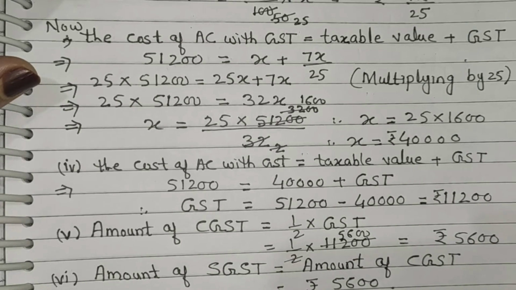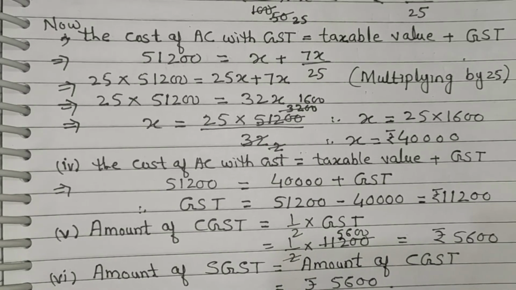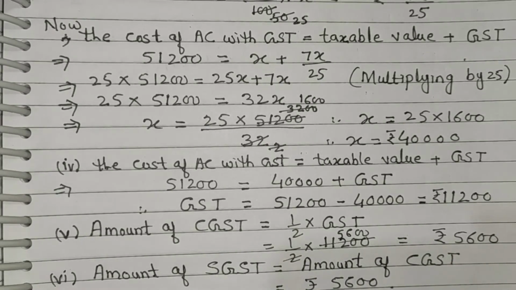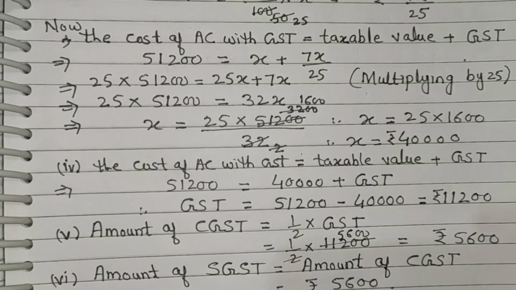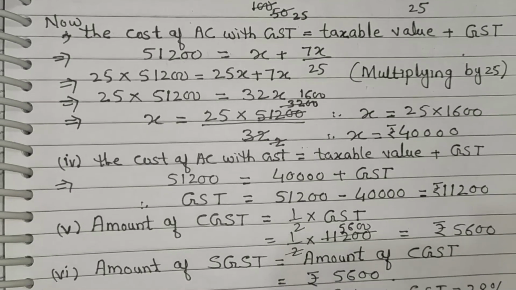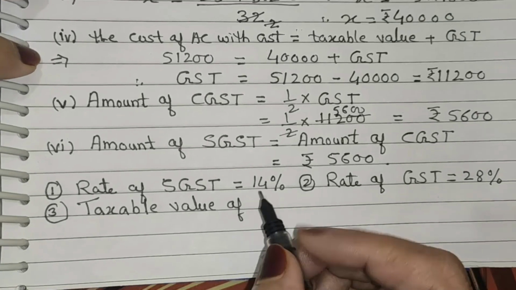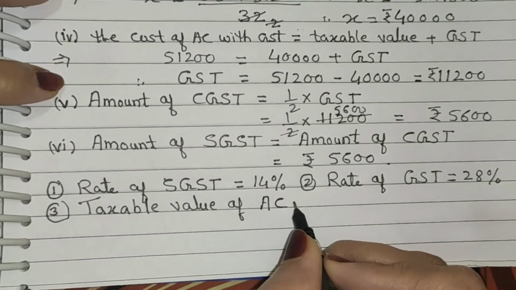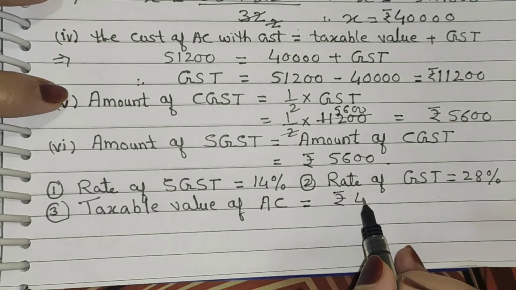Now the next, third one is taxable value of AC is equal to rupees 40,000.